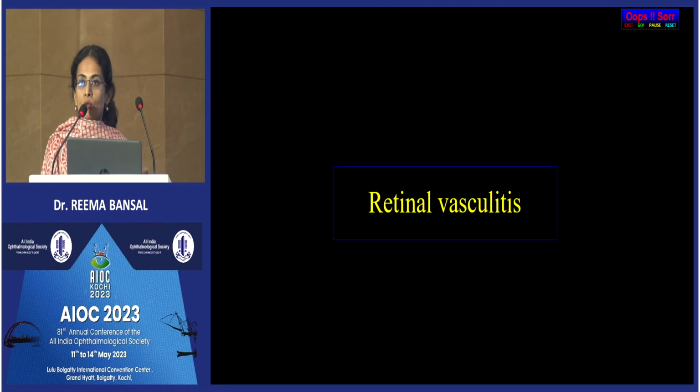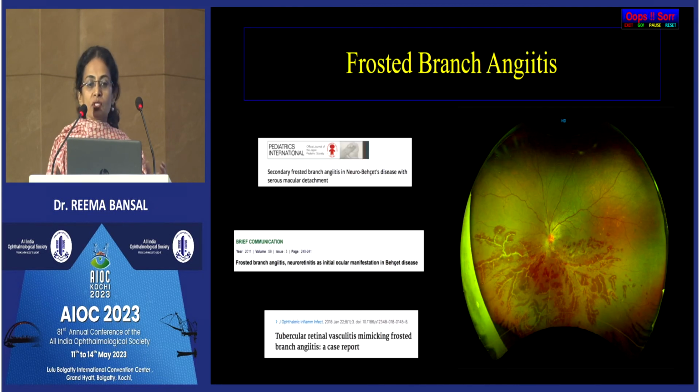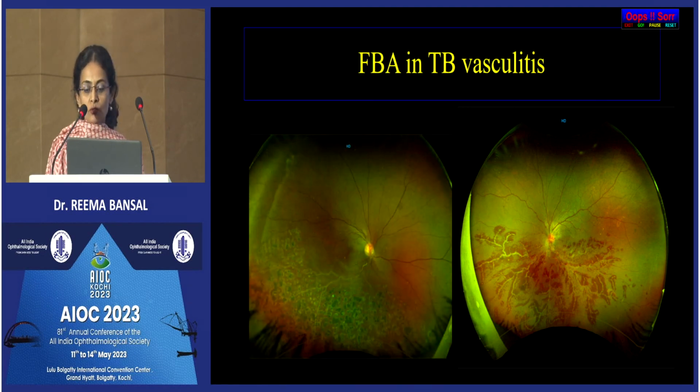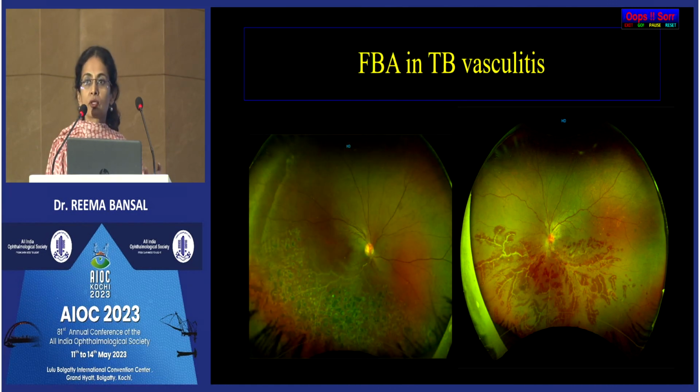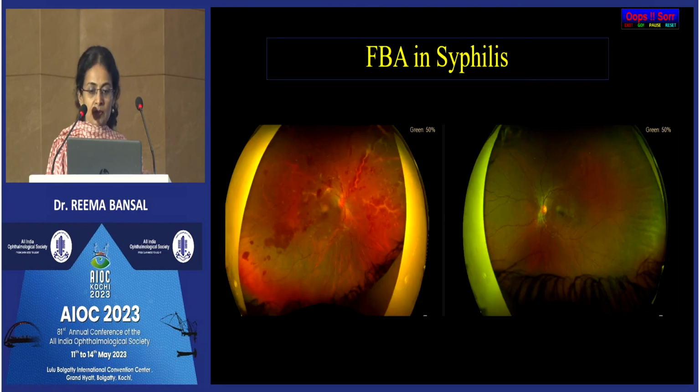So vasculitis also, we have certain clues we may have or we may not have. Frosted branch angiitis is typically known to occur in Behçet's disease, but lately, as Manisha also showed you, we are seeing this more in tubercular etiology also. So this was again our patient who presented later in the left eye with frosted branch, and he had already undergone treatment and laser photocoagulation in the fellow eye for TB vasculitis.